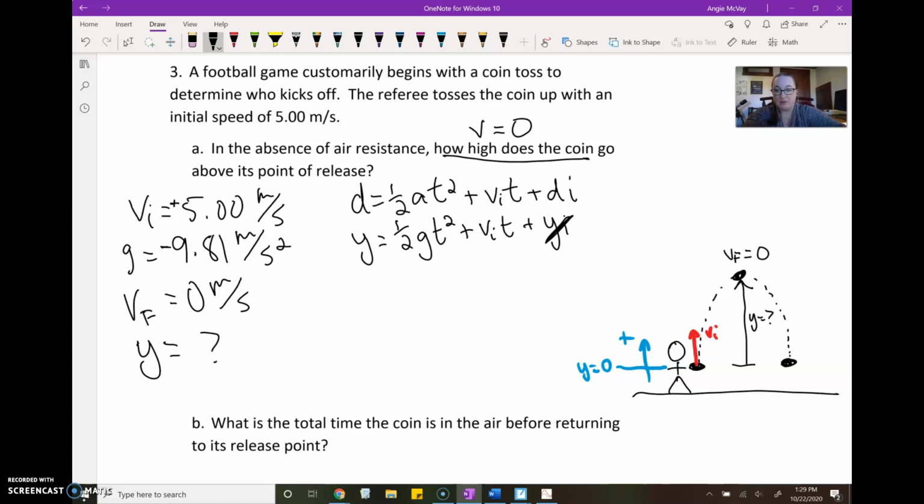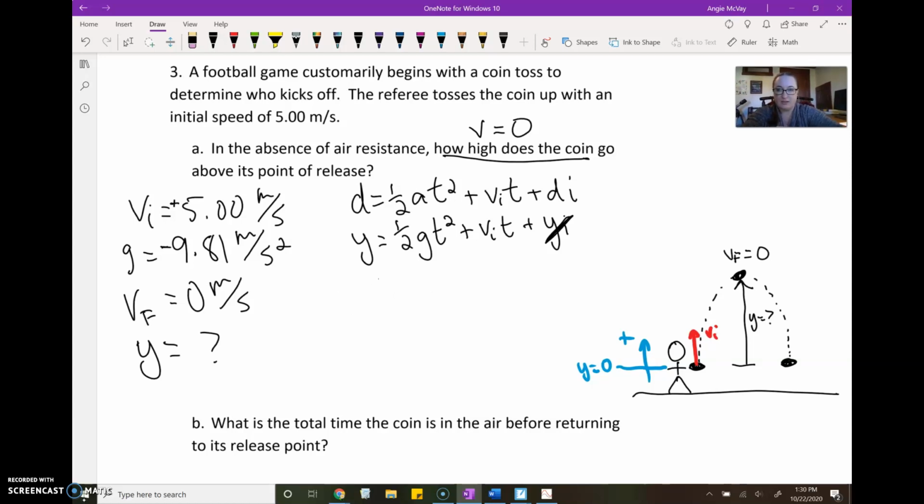So we need to make gravity negative in order for us to get a correct answer using this as our problem-solving tool. Okay, so let's apply this equation. y equals 1/2 negative 9.8.